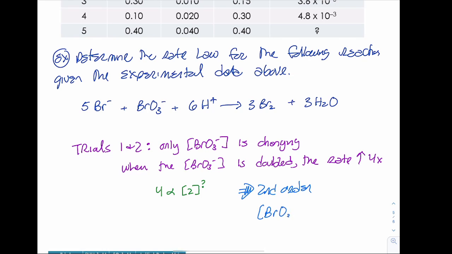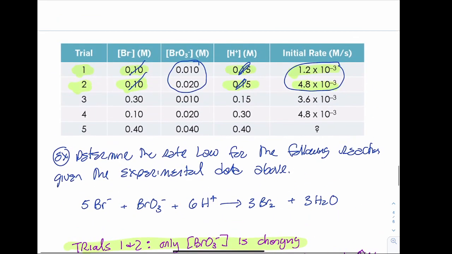Wow, I'm not doing very good today, am I, guys? Too many 2s. So second order. When I double the concentration, my rate goes up 4 times, which means my exponent has to be a 2, so it's second order. And again, it's second order for bromate ions because that's the only thing that's changing for those 2 trials. If I go back up, this isn't changing, this isn't changing. The only change is for bromate.